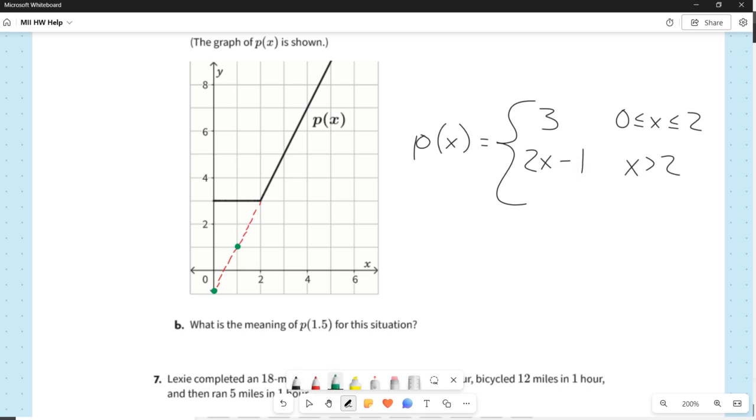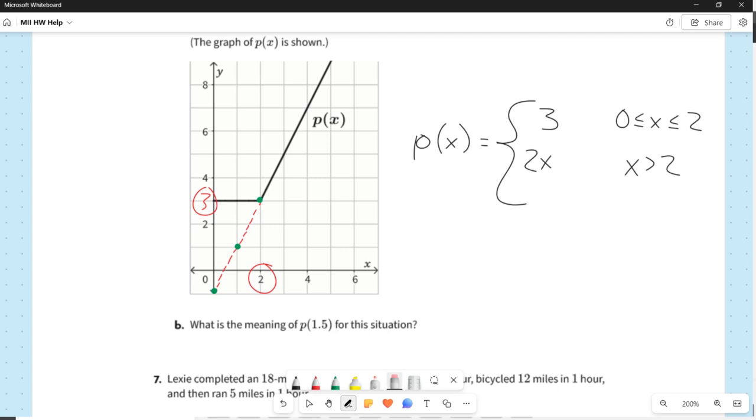Another way to get it is to focus on a point on the line. We can say maybe just our initial point. Notice that when we plug in a 2, we get a 3. Well, before we added our y-intercept of -1, if I take it away for a second, 2x, when I plug in a 2, I get 2 times 2, which is 4.